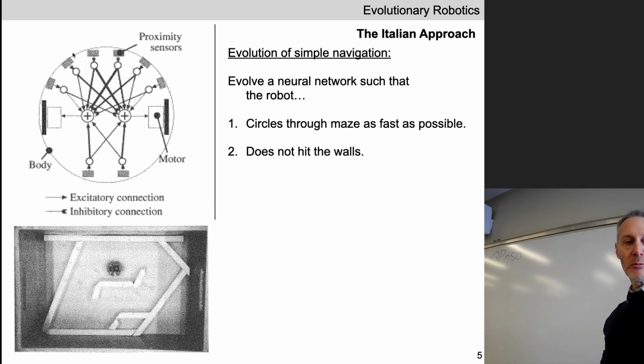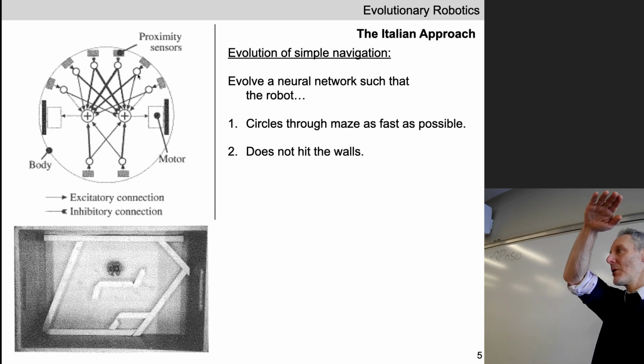So from the perspective of the neural network, this neural network is receiving at each time step 1, 2, 3, 4, 5, 6, 7, 8 numbers. Those numbers are an estimate of proximity. The higher the value, the closer something is to that sensor. Make sense?